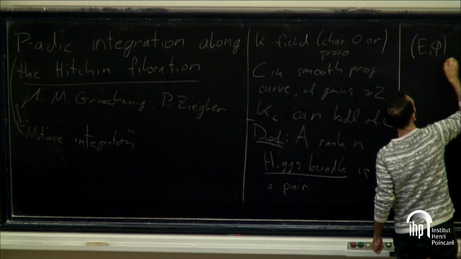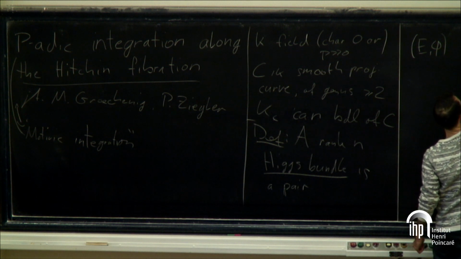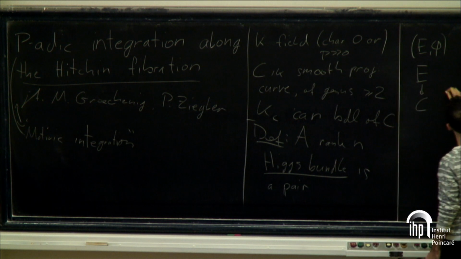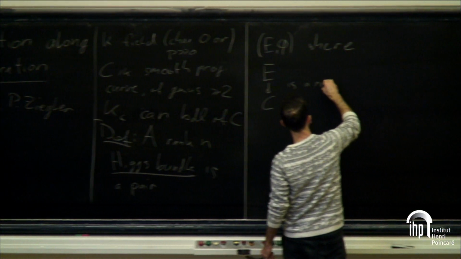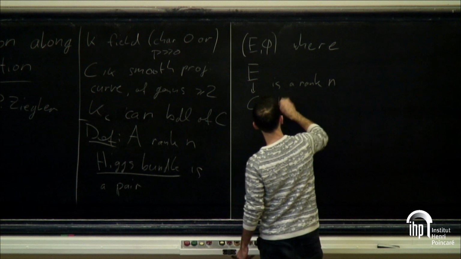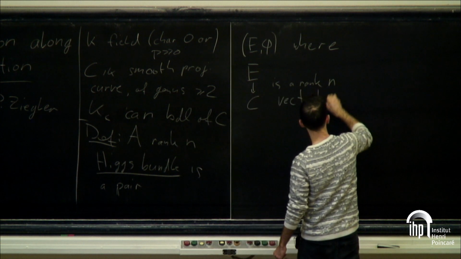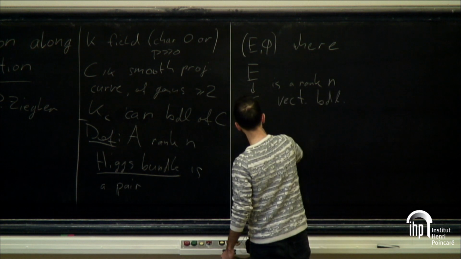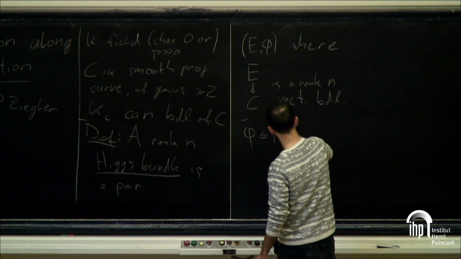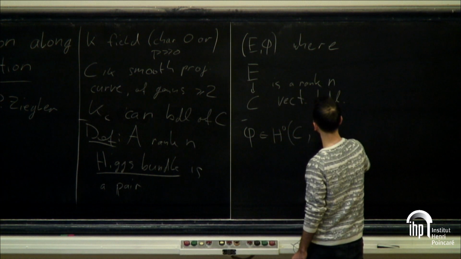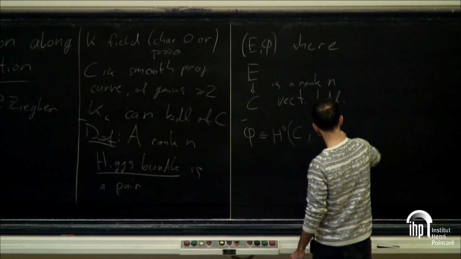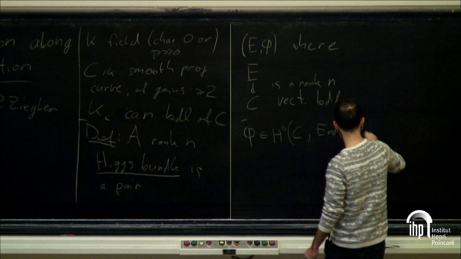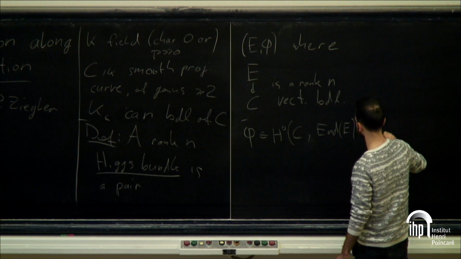(E, phi), where E over the curve is a rank n vector bundle. And phi is a global section of the endomorphism bundle of E, twisted with the canonical bundle of C. Okay.